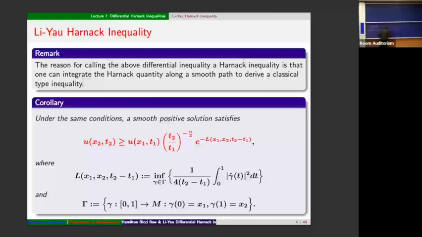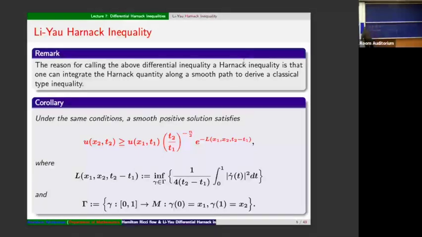Let me say the L now is with respect to x1, x2, T1, T2. So this L is defined as this quantity, the infimum of 1/4 of this integral. And you see this gamma dot here. We'll define it as a curve.